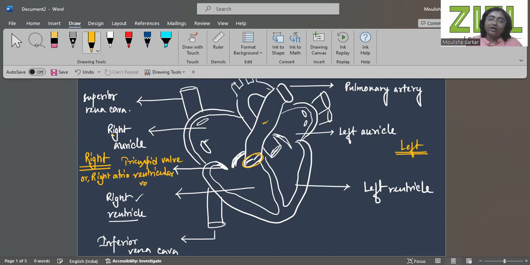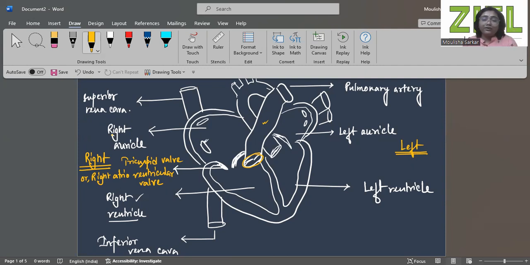Why atrioventricular? Because it is present at the junction of atrium or auricle and ventricle. That is why it is named atrioventricular valve, and it is present on the right side of the heart. That is why right atrioventricular valve.